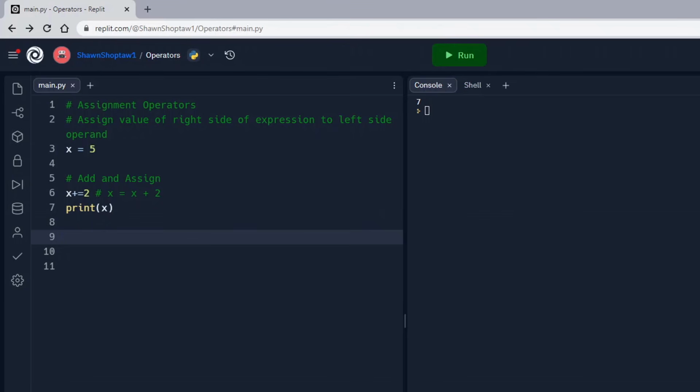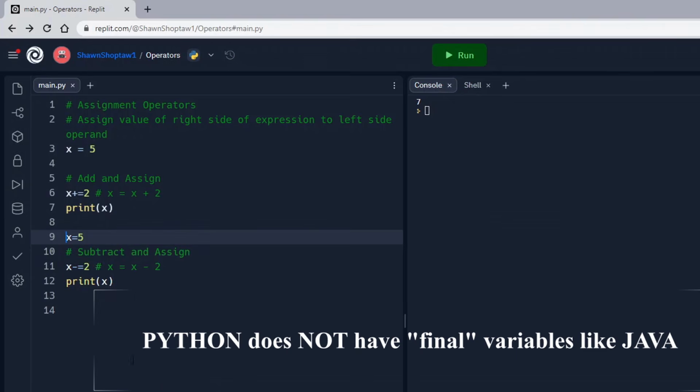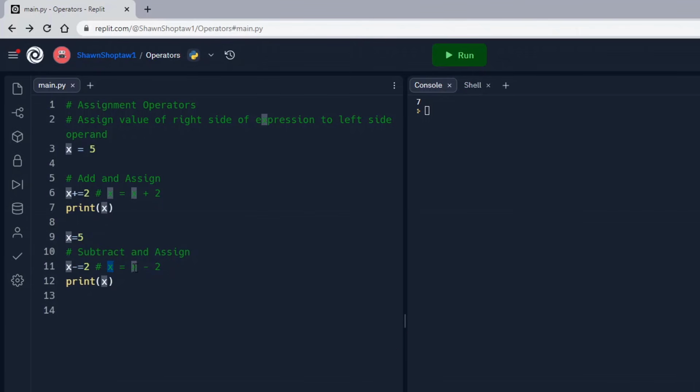So the way this is going to look is we're going to reassign x to 5. And then we're going to do x minus equals 2, which is equivalent to assigning x 5 minus 2. When we run that, we get 3, because 5 minus 2 is 3, and now x is assigned 3.